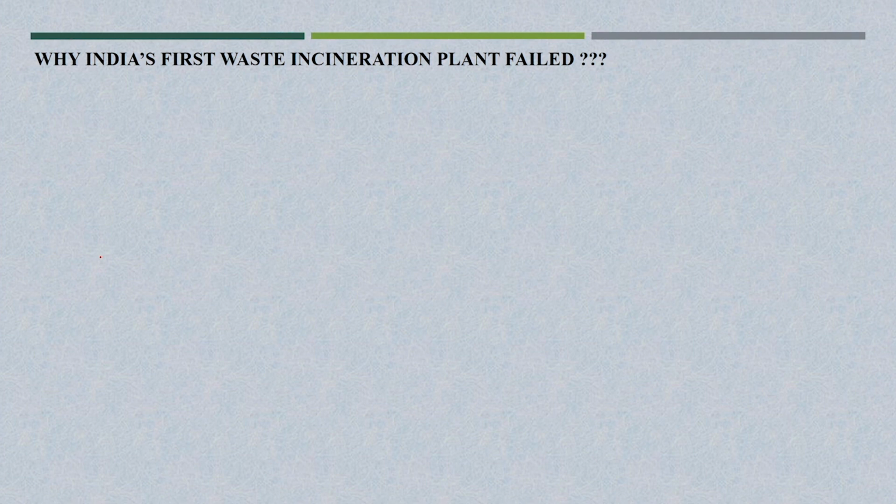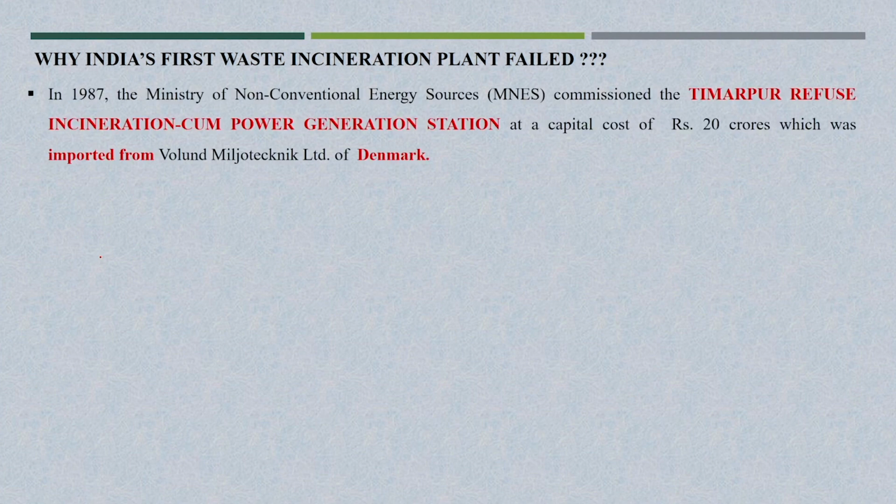So, here is the first question I started with: why did India's first waste incineration plant fail? In 1987 the first incineration plant came up in Delhi, at the Timarpur disposal site. The capital cost was 20 crores.